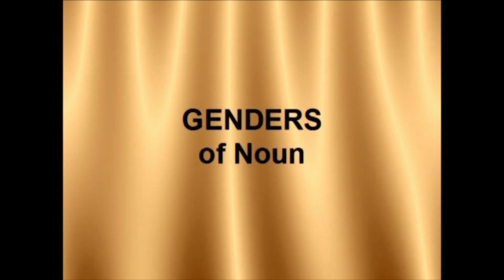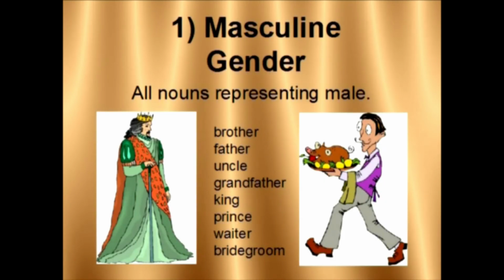Nouns also have genders. Number 1. Masculine gender. For all nouns representing males. Examples: brother, father, uncle, grandfather, king, prince, waiter, bridegroom.